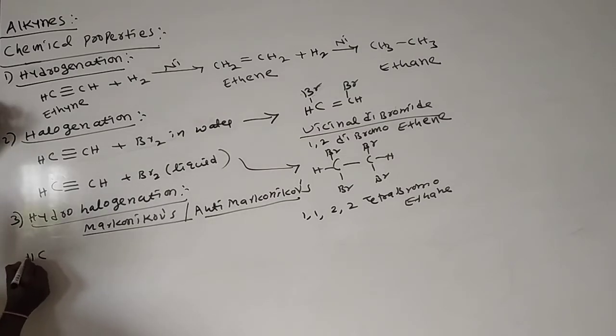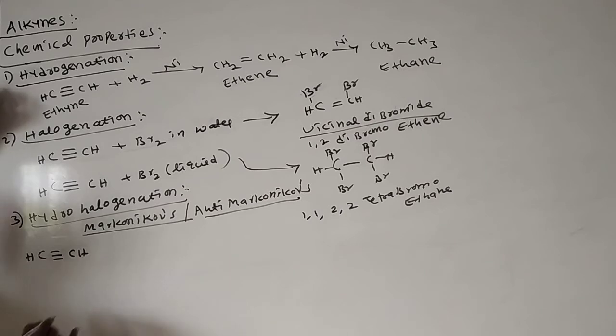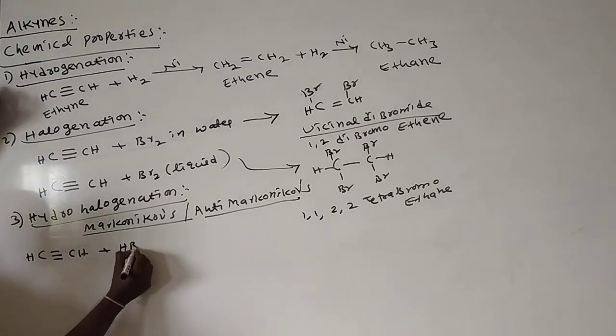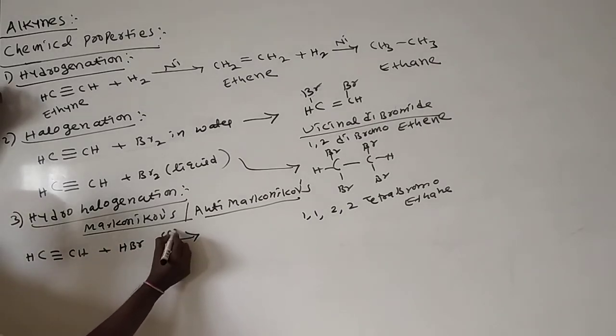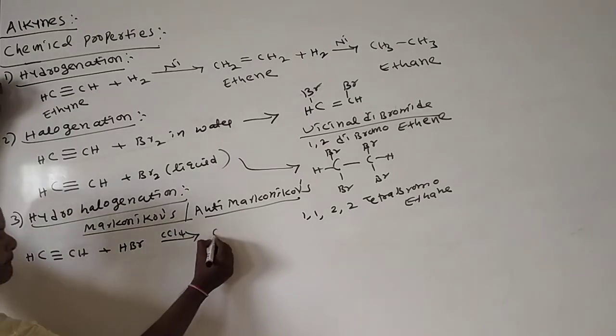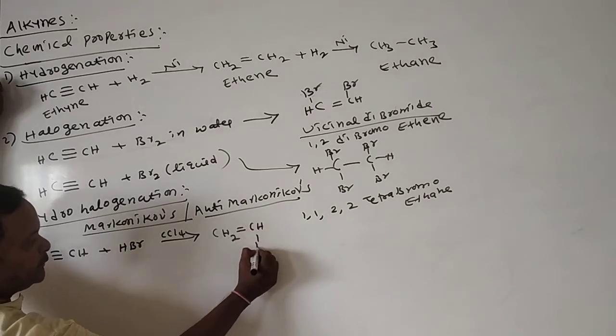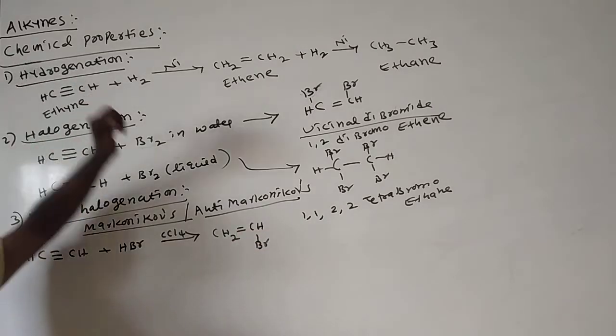First we will see symmetrical alkynes. A symmetrical alkyne is added with HBr in the presence of carbon tetrachloride as a solvent. We get CH2 double bond CHBr.